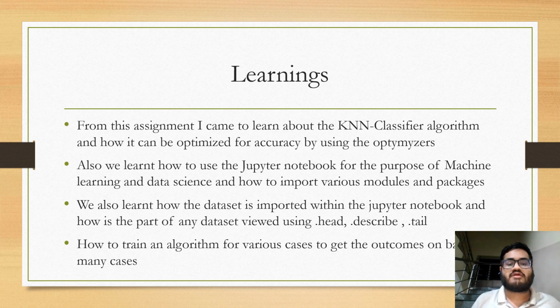We also learned how a dataset is imported within the Jupyter notebook and how part of any dataset is viewed using .head, .describe, and .tail, etc. We learned how to train an algorithm for various cases to get our outcome on the basis of many cases. This is all what I learned from this assignment.